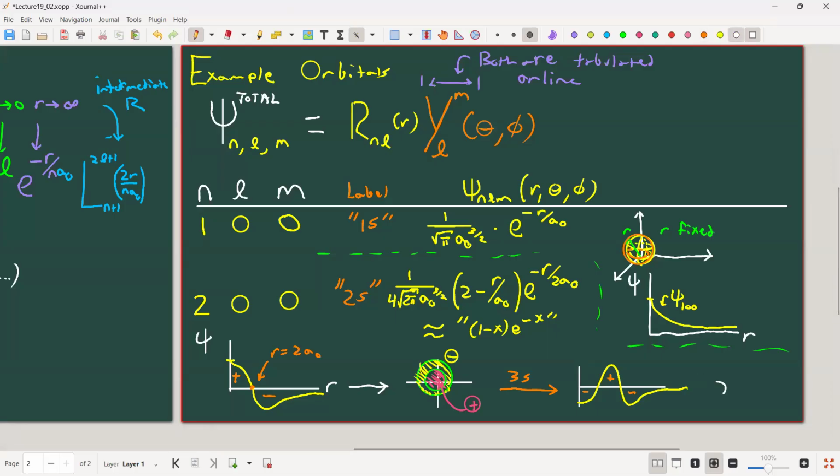And that function is going to look like it has 3 concentric circles of density, like this, and so on and so forth.